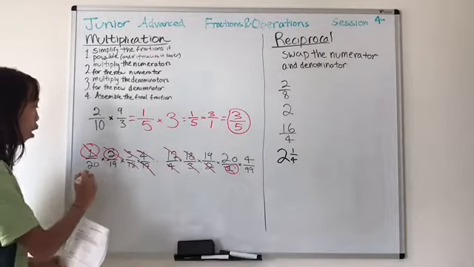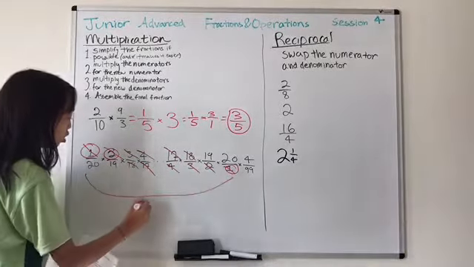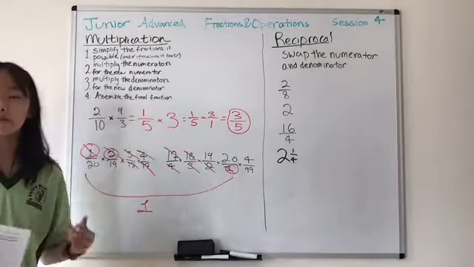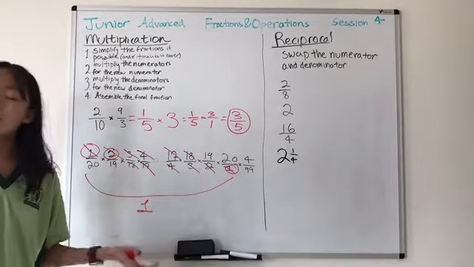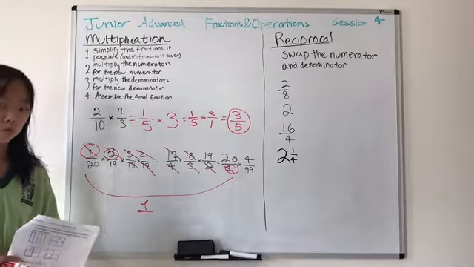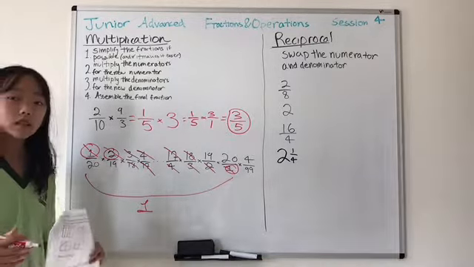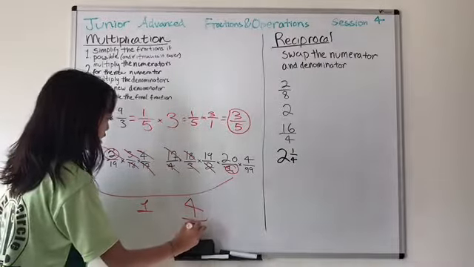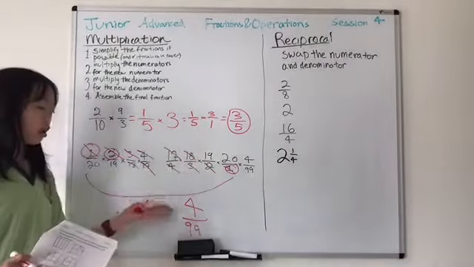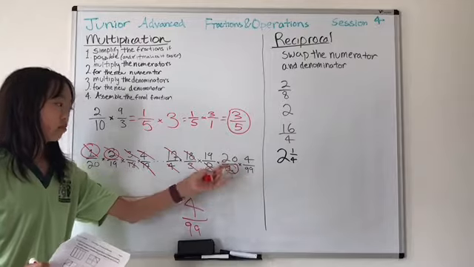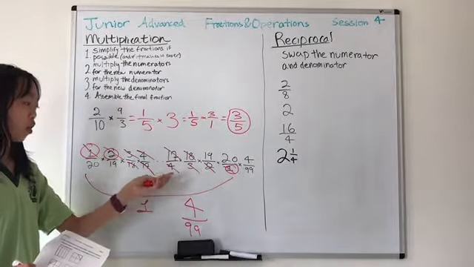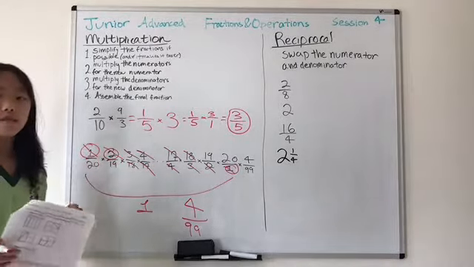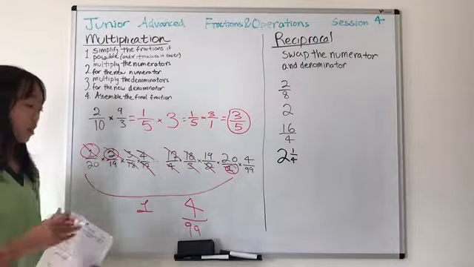And eventually, all of these fractions will be 1 times 1 times 1, and over again. And we all know that that equals 1. So the answer would actually be 4 over 99, because it'd be this fraction times 1 times 1 times 1 times 1 and so on. And if we simplify it, then it'd be this.